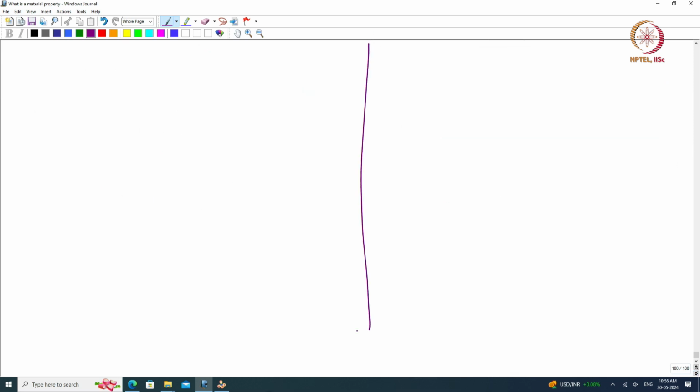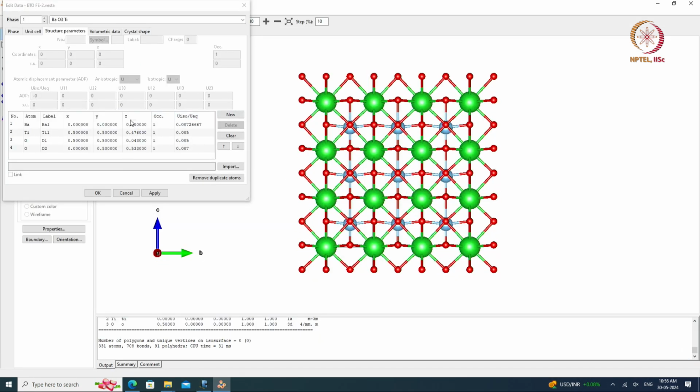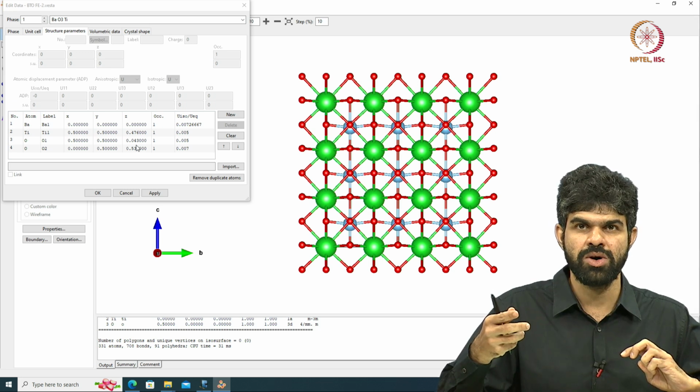So what is the polarization? The polarization in the unit cell is just sigma Qi Ri, right. I can do this in a brute force way, or I can also see that the only displacement that is happening is along the z axis. In the z axis, 4 oxygens are getting displaced slightly differently compared to the other 2 oxygens.